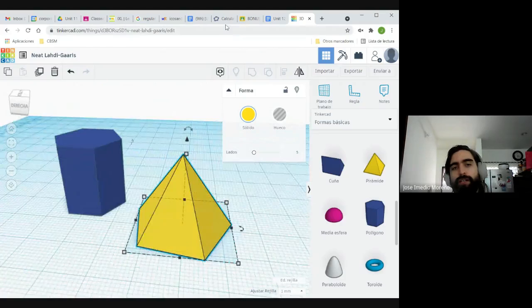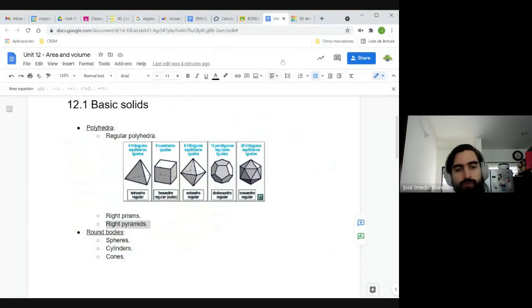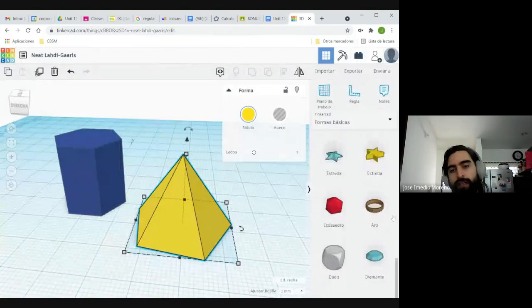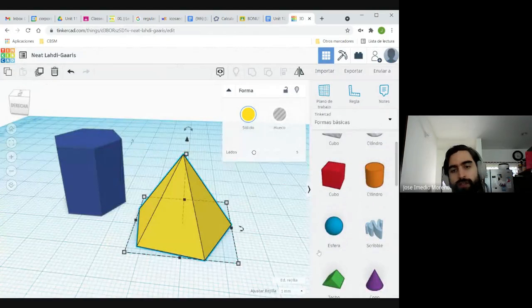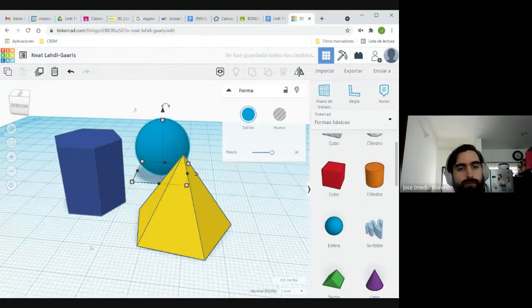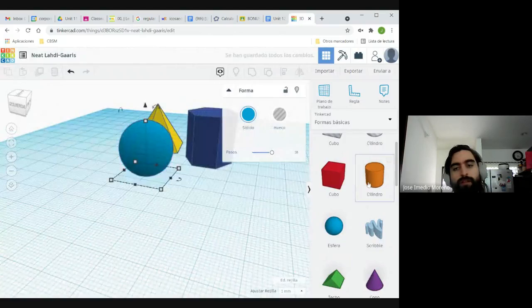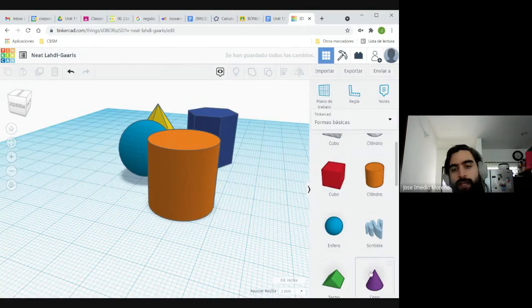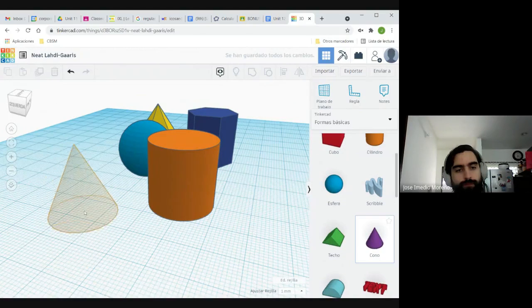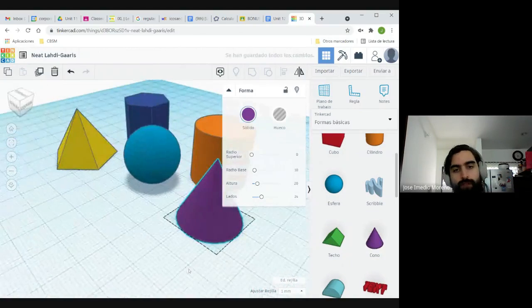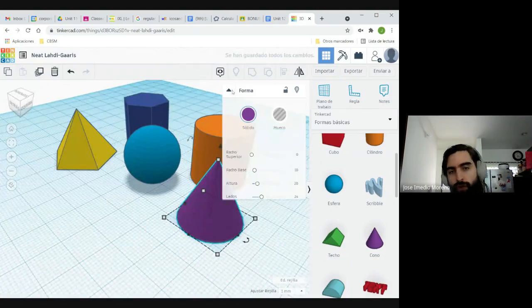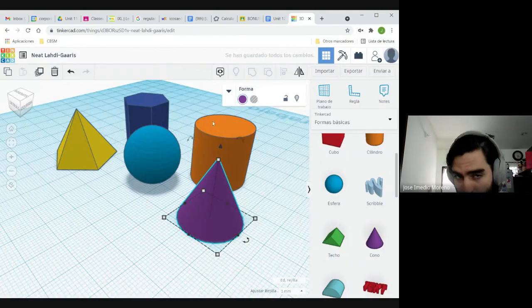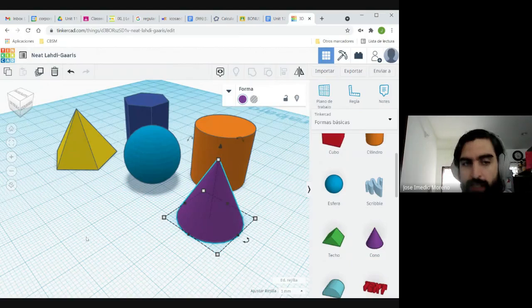And we have as well some round bodies, which are pretty common, and those are spheres, cylinders and cones. Those are the round bodies that I consider as basic solids.